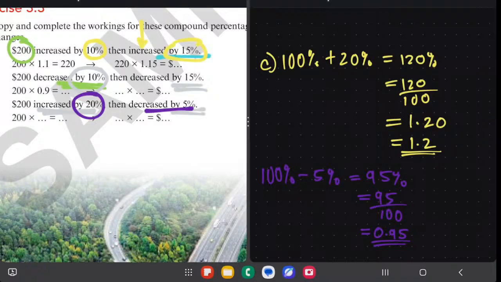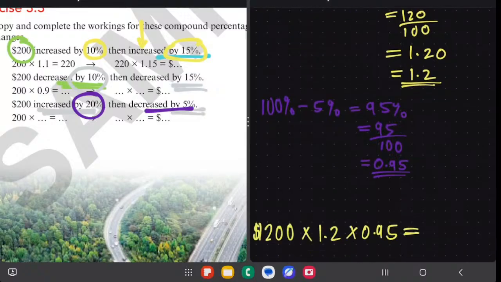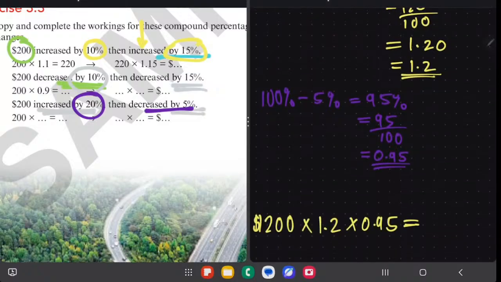What do we get as our answer? 200 by 1.2 by 0.95.